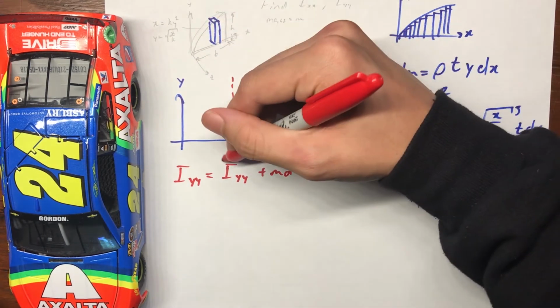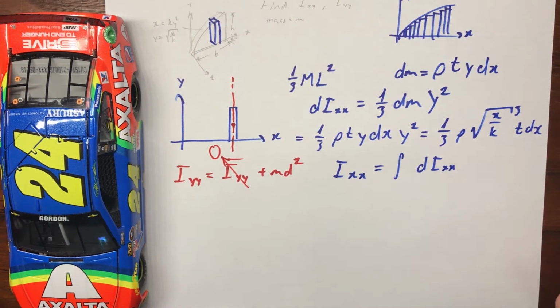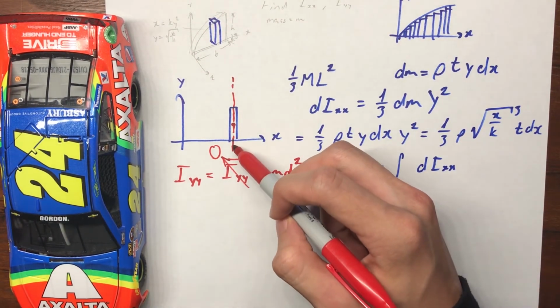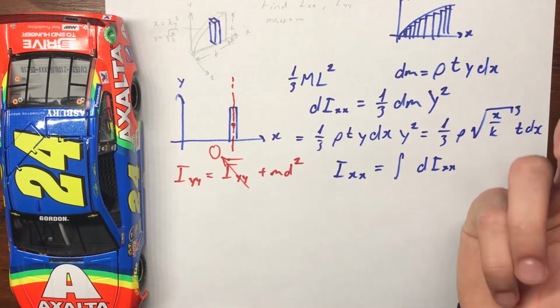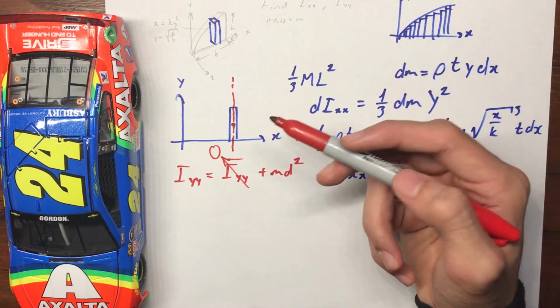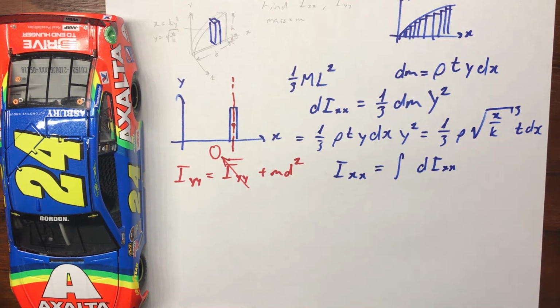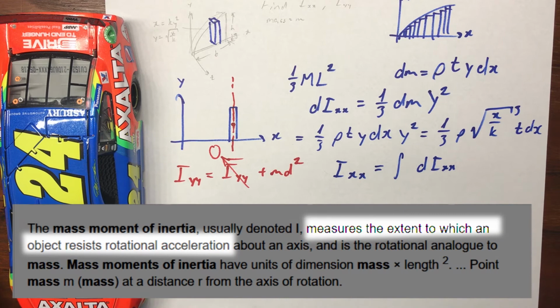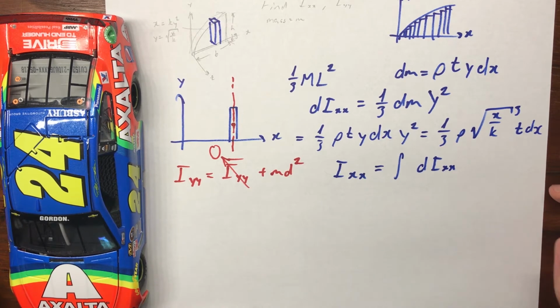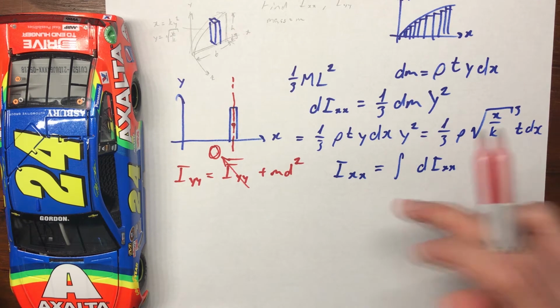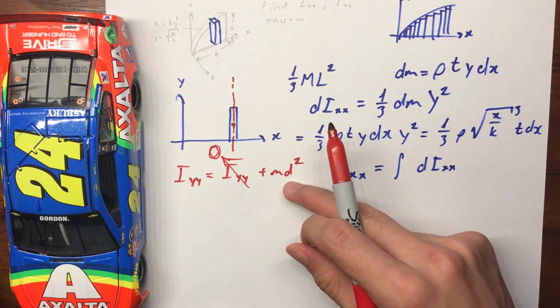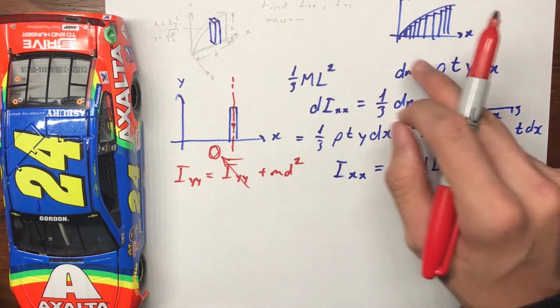And we can intuitively say that this goes to 0. Why is that? Well, this slice is infinitely thin. So if there's no width, then there's no mass. So mass moment of inertia is the resistance of an object to rotate about an axis. So if there's no mass to resist, then there can't be any value here, so we just call that 0. And that just leaves us with md squared. And m is the same thing, it's the same rod, so it's the same mass.